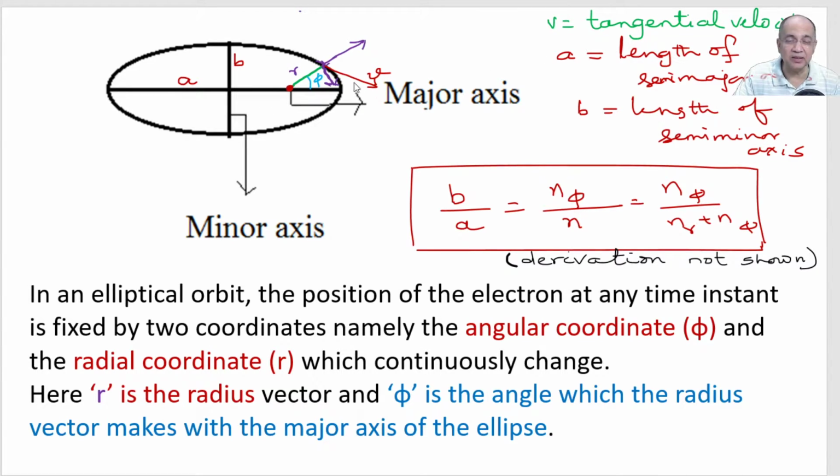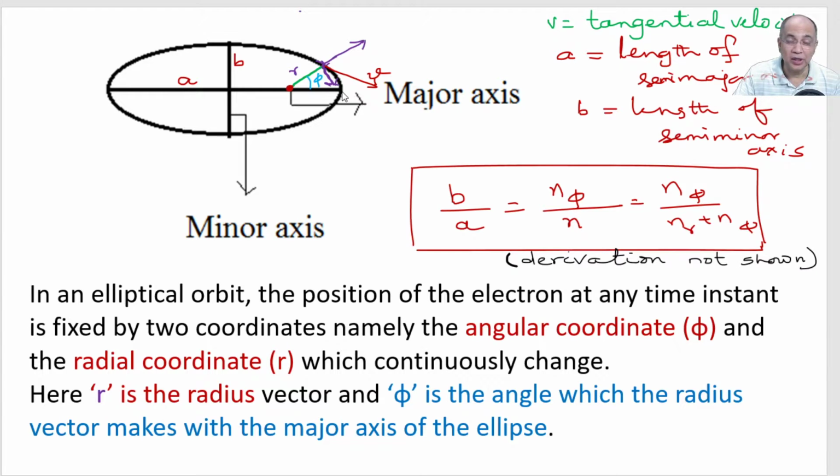If that tangential velocity vector is resolved into two perpendicular components, let me tell you first that there is a radial coordinate, called the radius vector, the line joining the nucleus and the point where the electron is moving at a particular instant, that line is called the radius vector r, and the angle that the radius vector makes with the principal axis.